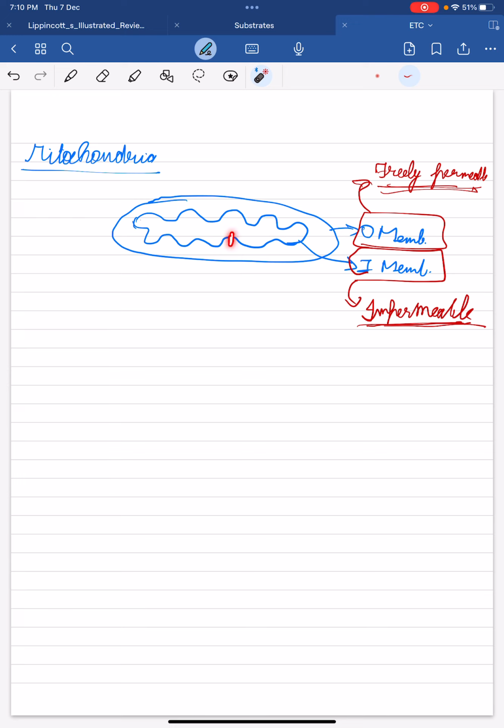So this inner membrane is going to have some special channels for the process of transport of the substances. Now, the inner mitochondrial membrane is rich in proteins.